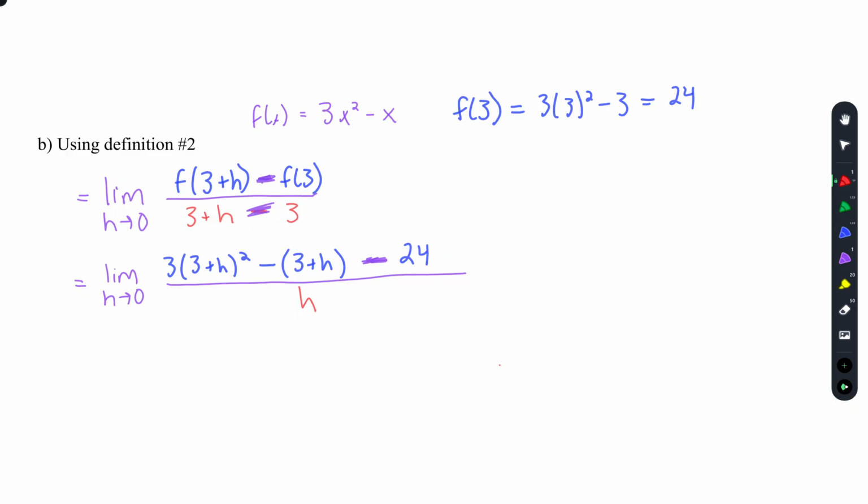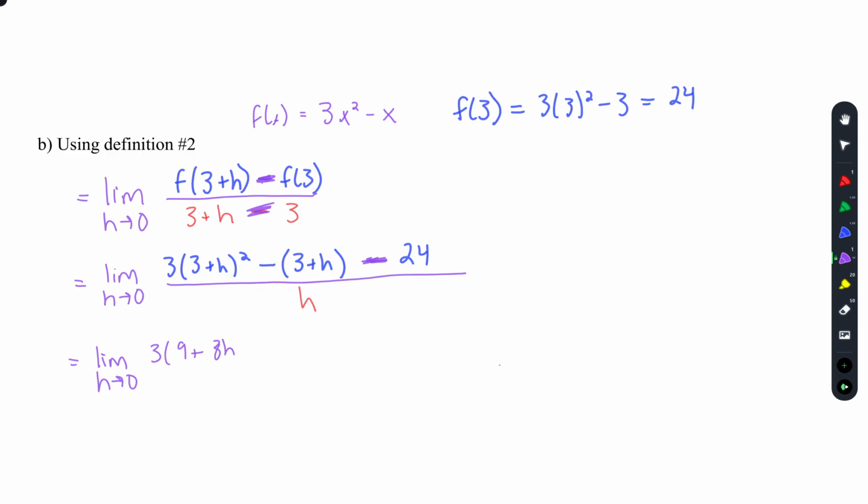Okay, now algebra. Actually, let's try to plug 0 in and see if it works. Just kidding, it won't. So we're going to algebra it up. Okay, so don't do anything dumb when you're distributing.